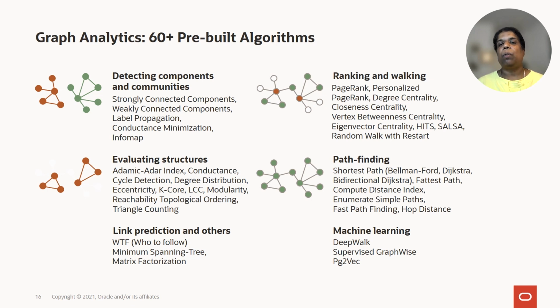So in social network analysis, this would be the equivalent of saying a vertex is important based on who that person knows rather than how many people they know. Then there are pathfinding algorithms, various flavors of pathfinding algorithms, such as shortest path algorithms like Bellman-Ford, Dijkstra, and so on.